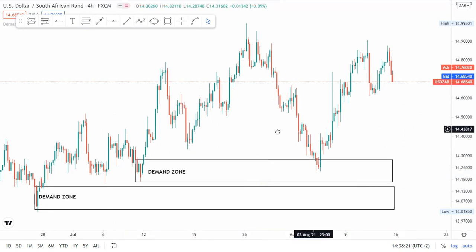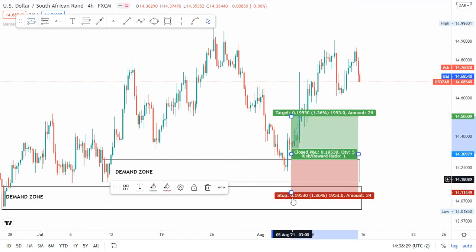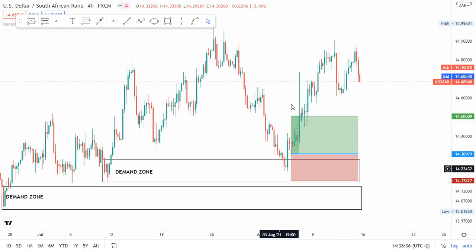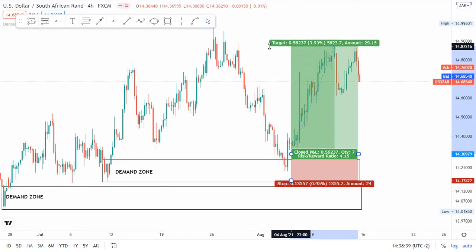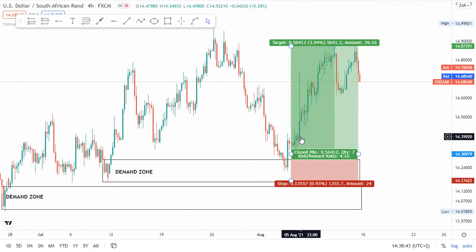So if we were to take this trade, we're going to put our stop loss. If we entered here, on the candle open, our stop loss could have easily been, if you are conservative, placed like this, and our target is going to be before that level right there. Easily this is a 4 to 1.